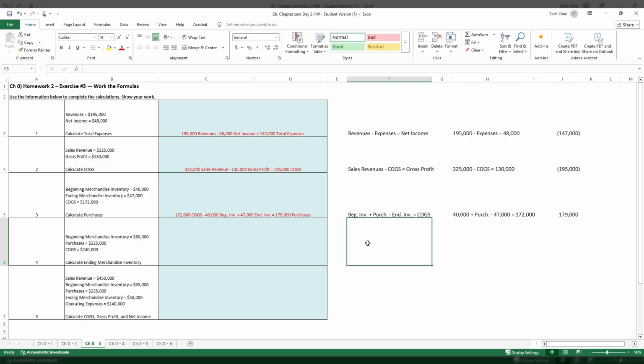Okay, let's look at the next one here. Now a similar problem. I'll copy that down, and in this one we are calculating ending merchandise inventory, so that's our variable now.